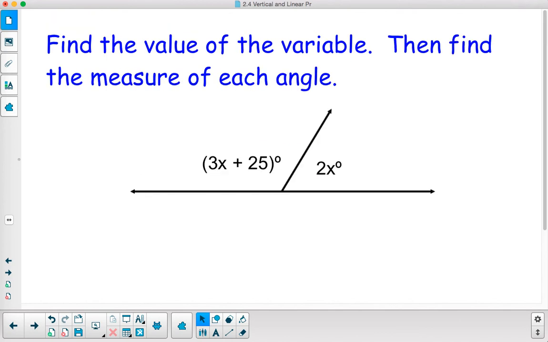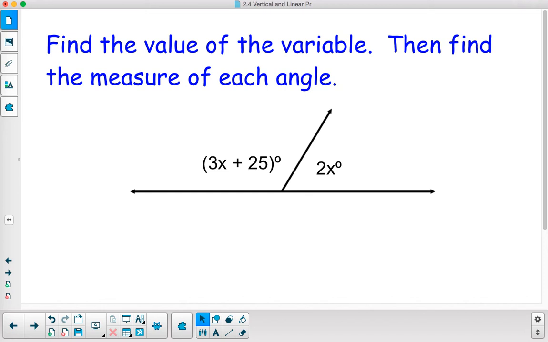Now we'll throw in some algebra. Find the value of the variable, find the measure of each angle. Okay, as you look at the picture, let's see, are they vertical angles? No, they're not across from each other, they're side by side. Do they share the same vertex? And they have a side hooking them together.